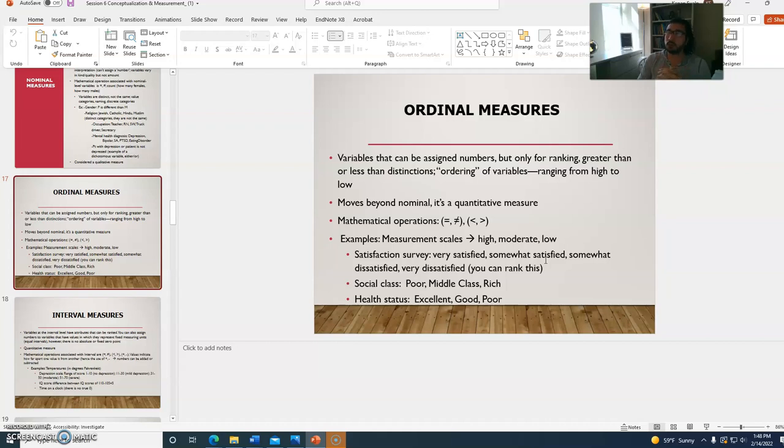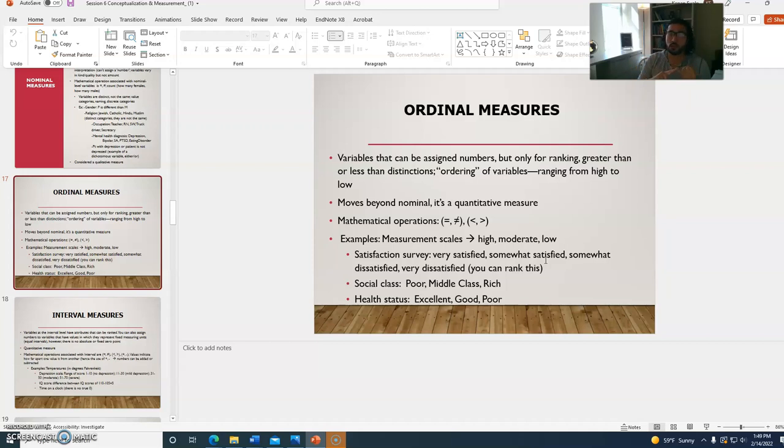The most famous ordinal measure is the Likert scale. It starts from very unlikely and goes to very likely, and it has 5 categories, and it's called a 5-point Likert scale. But what you need to know is that ordinal measures are rank ordered. Military grades are rank ordered, so they are ordinal.